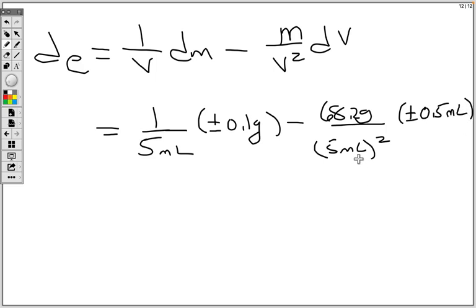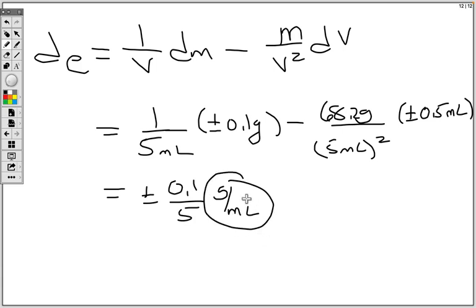And I always do this, even back in Calc 1. I always like to carry units through to make sure that they end up making sense. So here I would have plus or minus 0.1 over 5 grams per milliliter, so that's a unit of density, that's good. Minus, I'd have 68.2 over 25 times plus or minus 0.5.